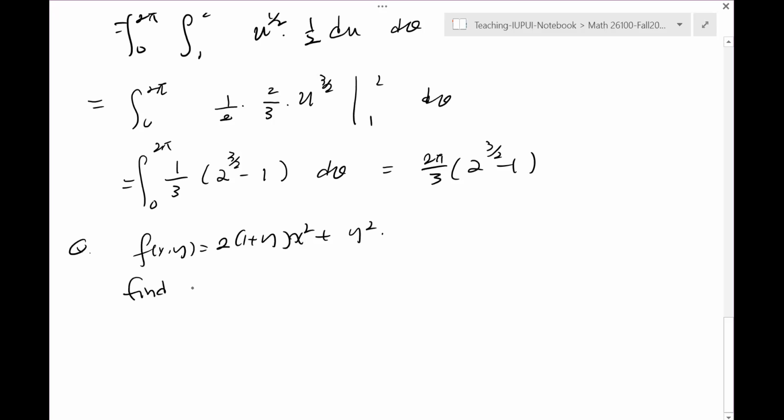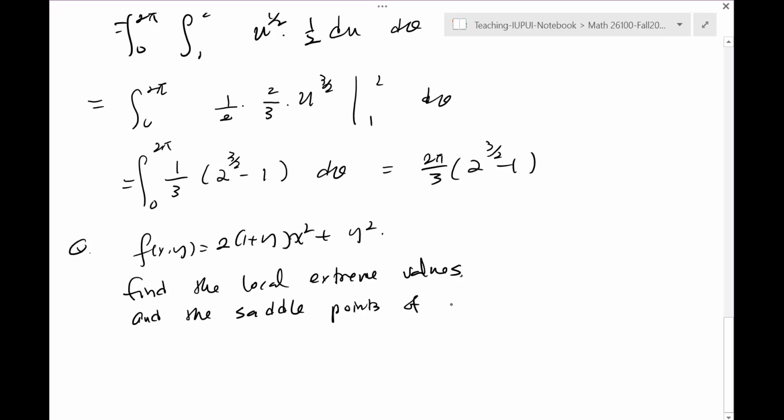We want to find the local extreme values. And the saddle points of actually the graph of the function.